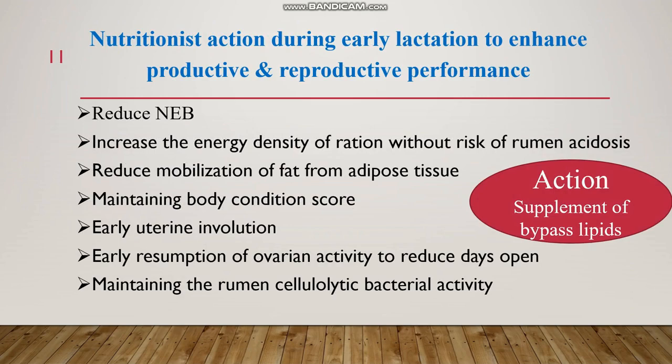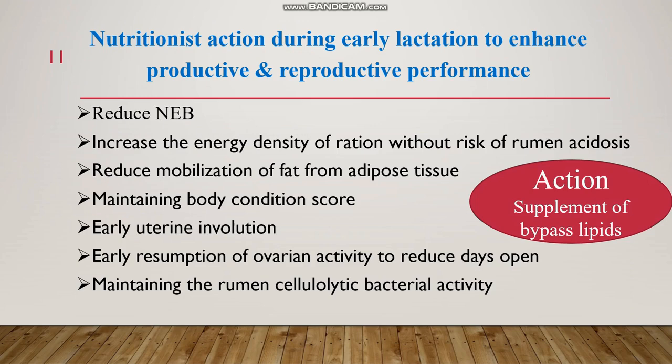Now, the nutritionist's action during early lactation to enhance productive and reproductive performance of dairy animals. They try to reduce the negative energy balance. They try to increase the energy density of the ration without risk of rumen acidosis.